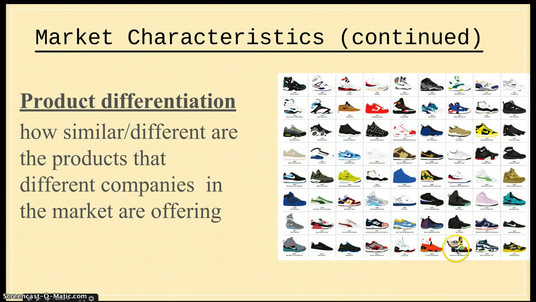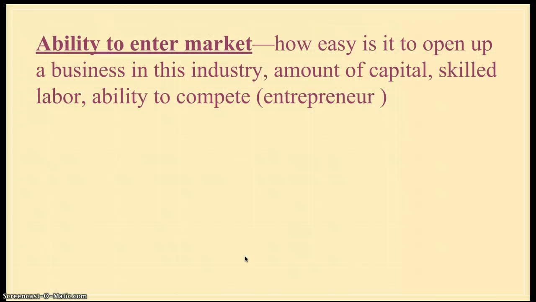The difference mainly comes from styling, color, shape, but they all do the basic same thing. They cover our feet and they give us support. Now, of course, we'll talk in a minute about how different these products are and where we think these differences come from.